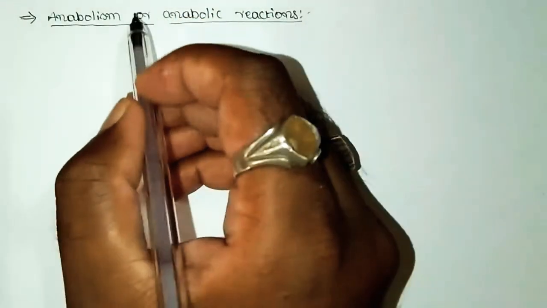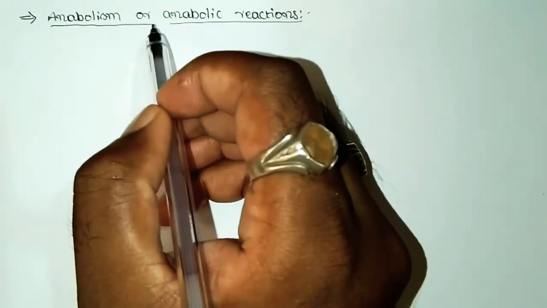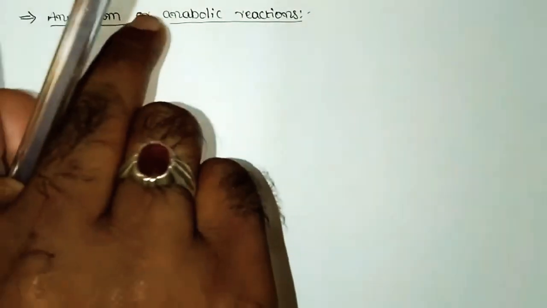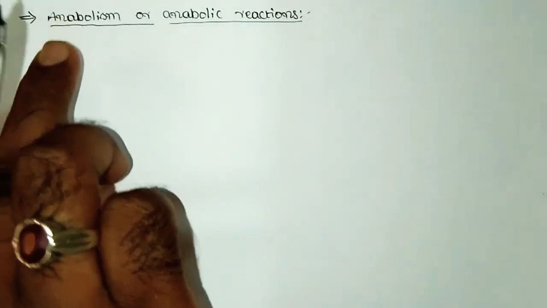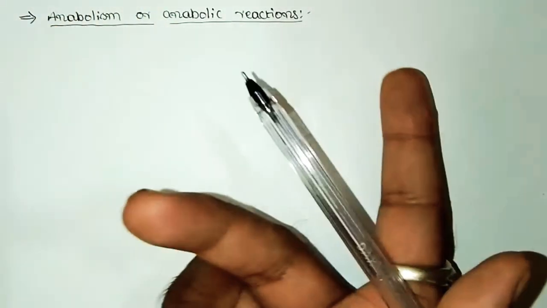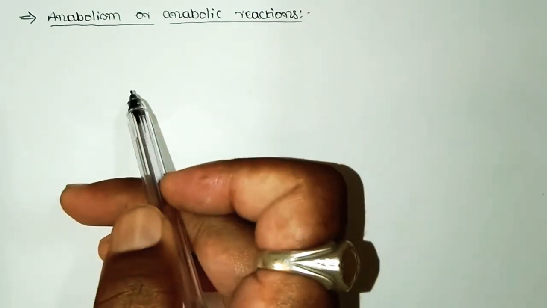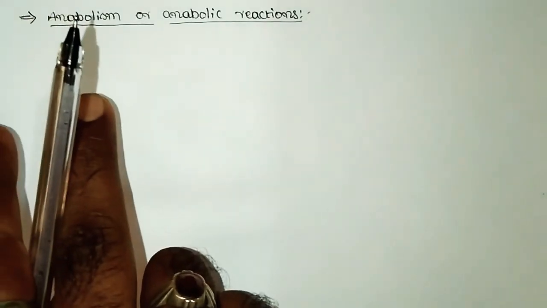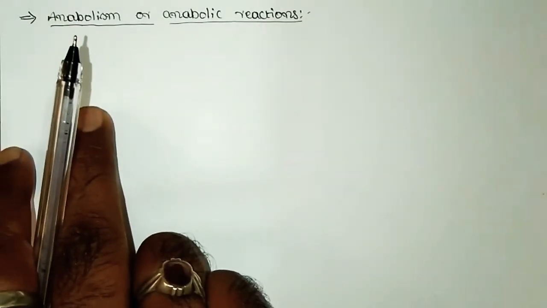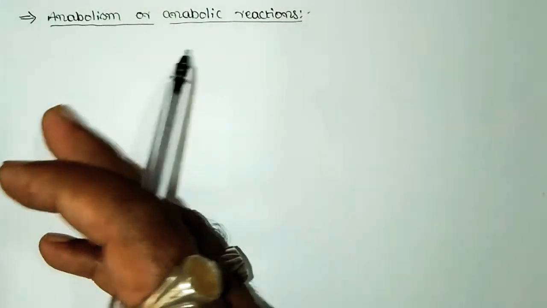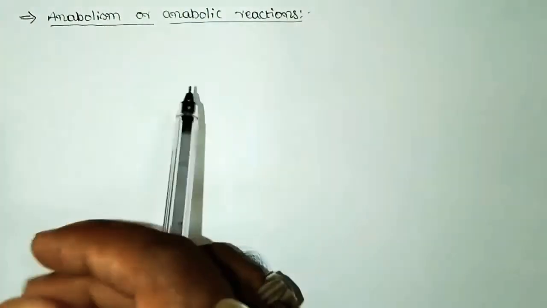So here anabolism is exactly the opposite of catabolism. That is, in case of catabolism, the larger nutrient molecule will be broken down to give smaller or simple components. In case of anabolism, the smaller monomers will combine so as to produce the larger nutrient molecule.